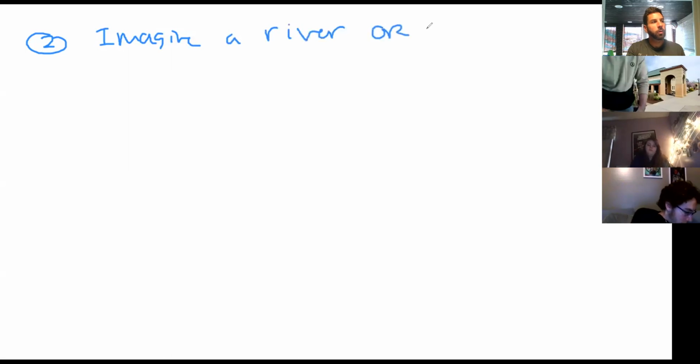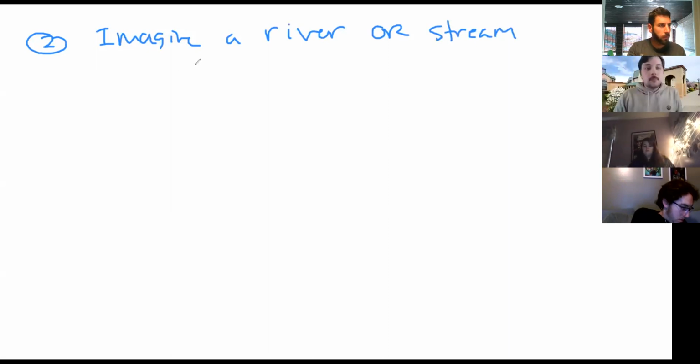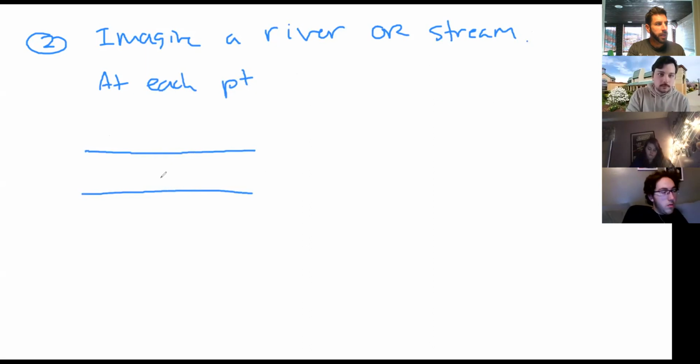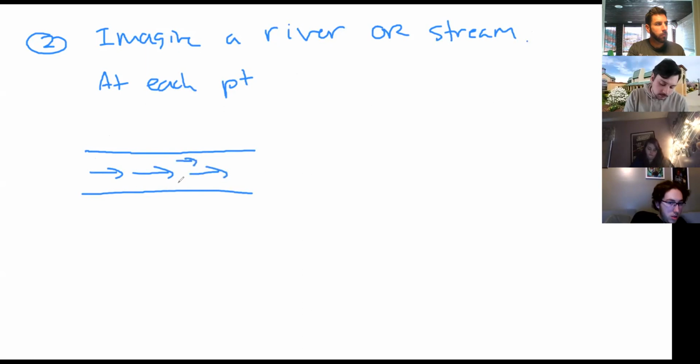Another example is, imagine a river or stream. So just here's our river. Let's imagine it's flowing. So let's not say at each point.